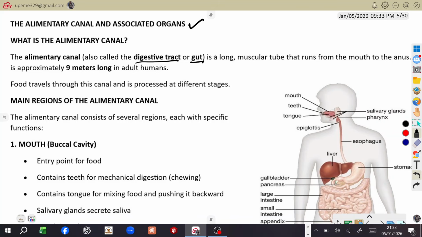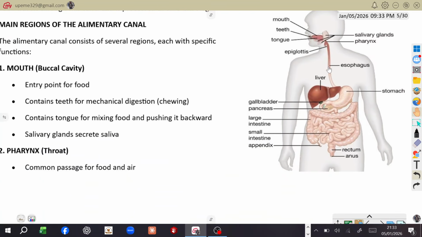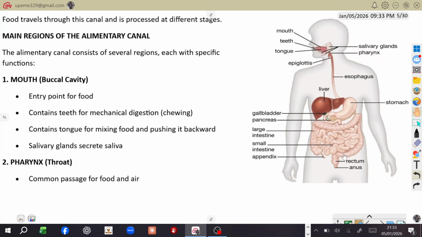All right, so if they say define the digestive tract, you can say it is a long muscular tube that runs from the mouth to the anus. This tube, starting from the mouth, goes to the stomach, small intestine, large intestine.